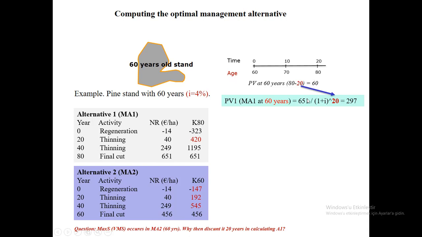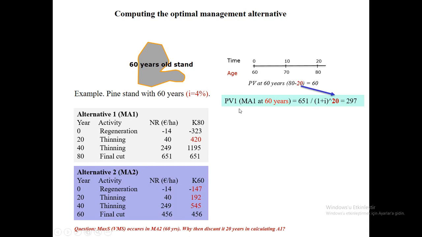Since the rotation periods are different, we have to normalize it. So what would be the present value if we were to just manage the stand according to alternative 1?